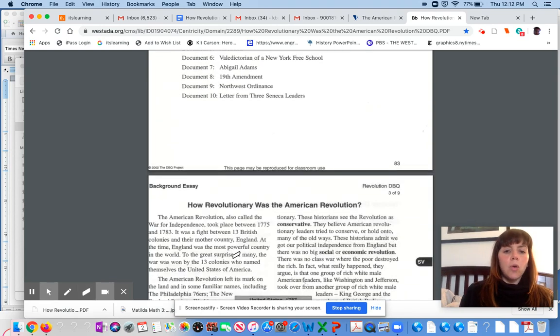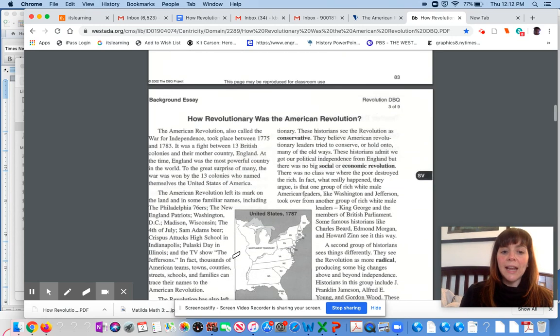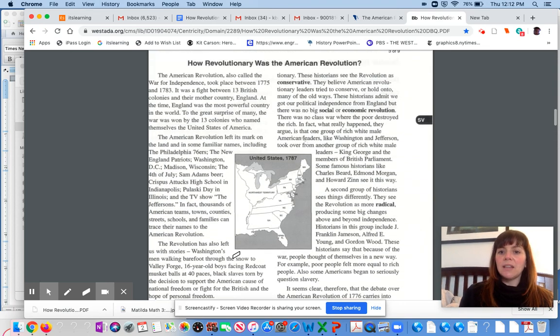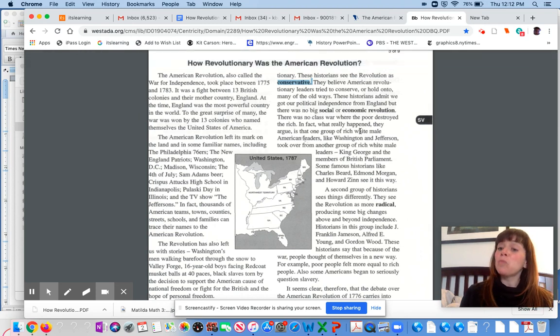I don't really care necessarily about this reading, but what I do want to talk about is that historians have said, when we think about the American Revolution, some of them think it's actually kind of conservative, so it's not actually changing that much. It's more of the same, or something called the status quo.